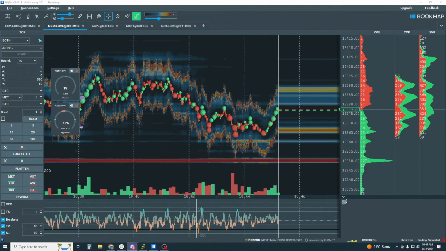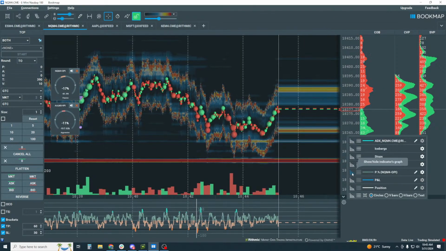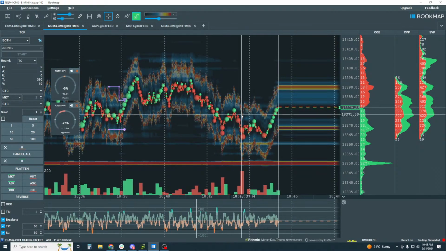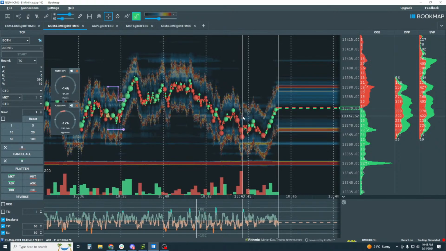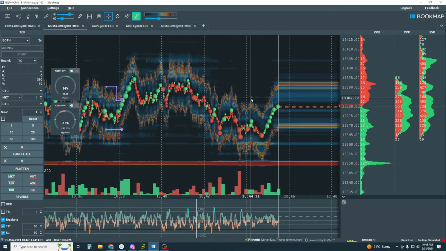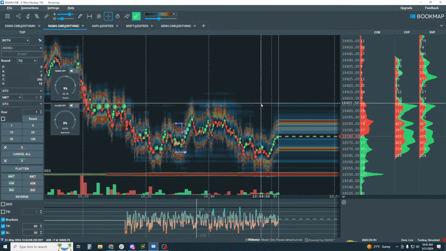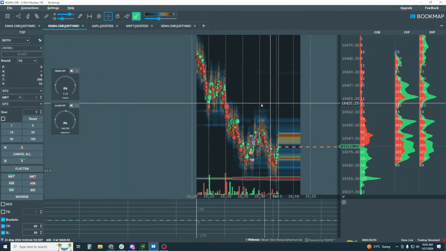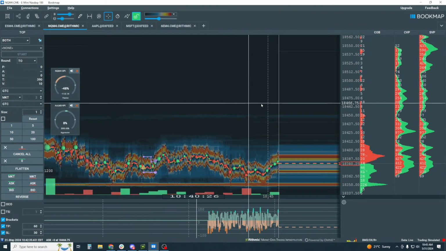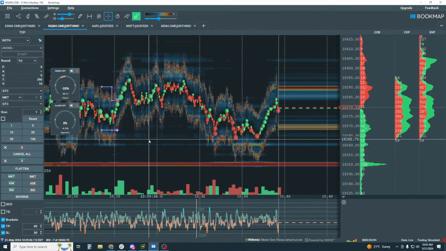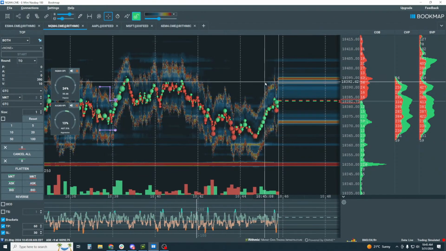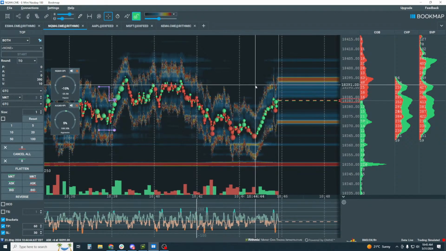This is our order book pressure imbalance in here in the subchart. Let's see if we can get our move maybe to the top of the range here.